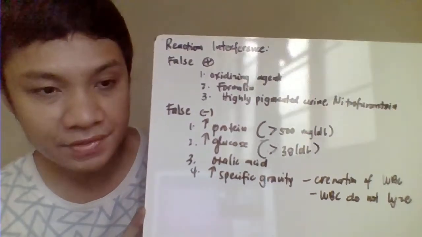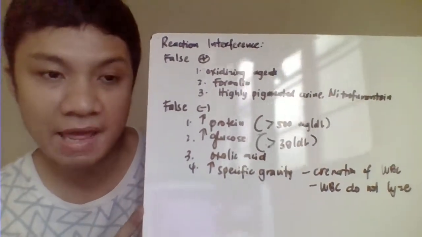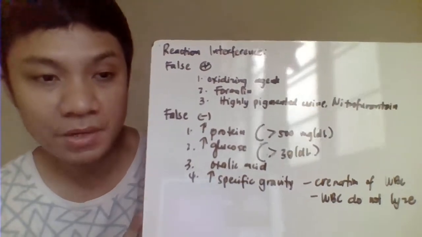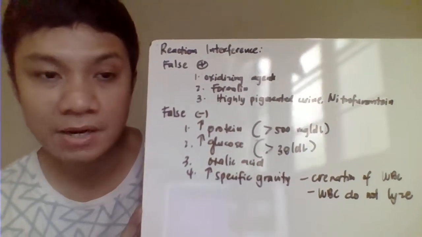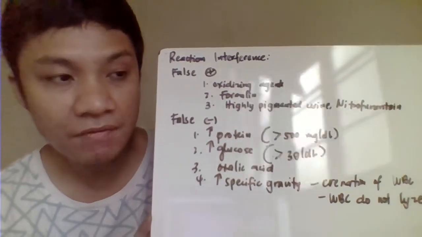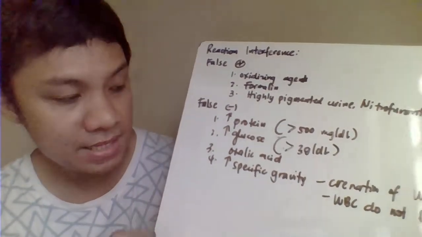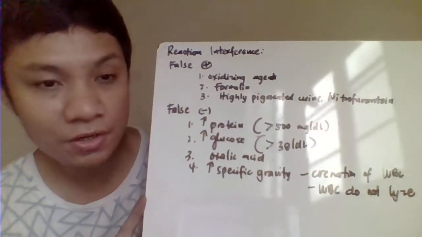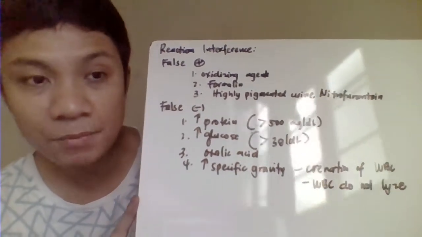Okay, the false negative result is caused by the presence of, number one, high level of your protein, more than 500 mg per dl. For the glucose, more than 3 grams per dl. High level of your oxalic acid. We have also high specific gravity, resulting here in the crenation of your WBC.